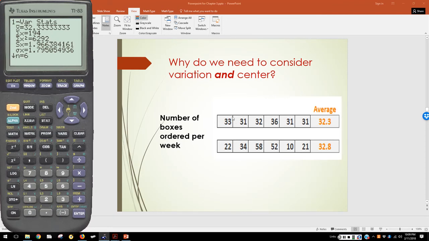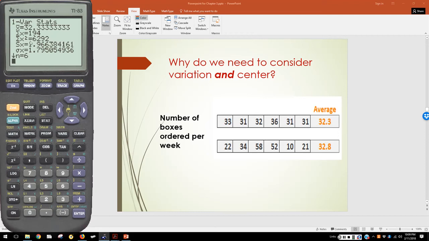It's actually a measurement of how much each value varied from the average of 32.3. So you can see that 33 varied by less than a pound, 31 varied by about 1 1/3 pounds, 32 by only 3/10 of a pound, 36 varied by more like about 3.9 pounds, 31 was a variation of about 1.3 pounds, and 31 again was a variation of about 1.3 pounds.